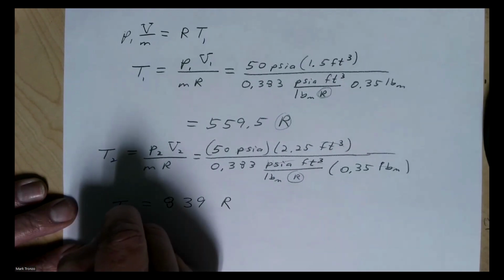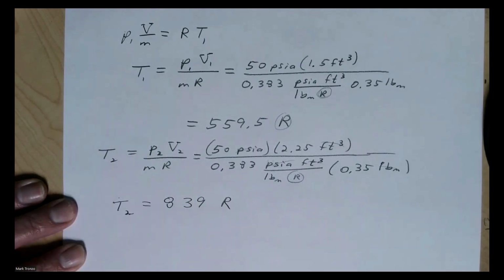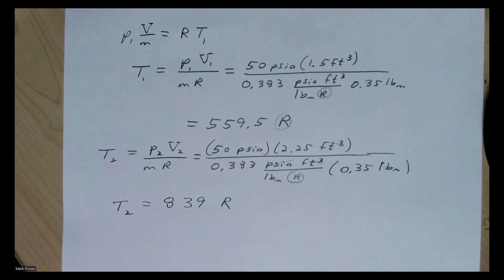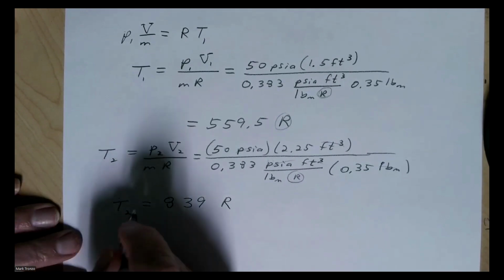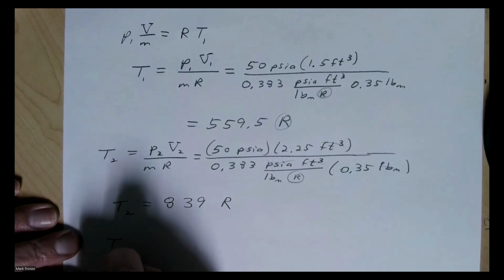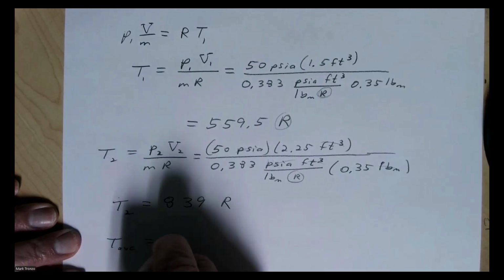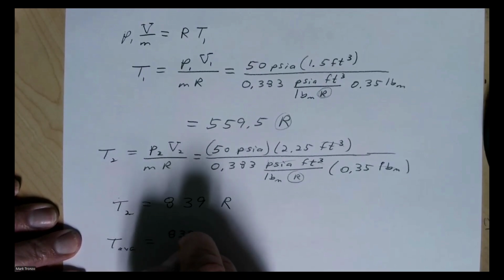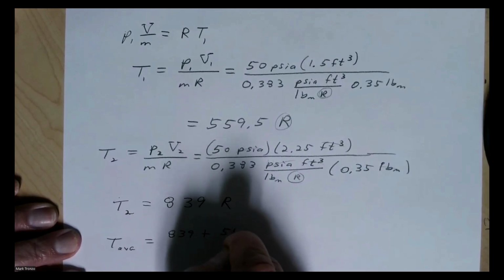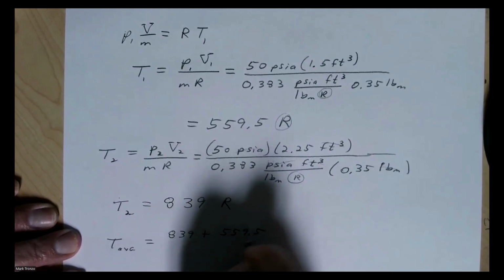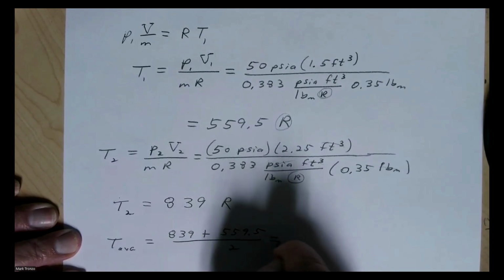And now we're going to have to find the specific heat at constant volume. So we're going to have to use the average temperature, the two temperature average, which is our 839 plus our 559.5 divided by 2.